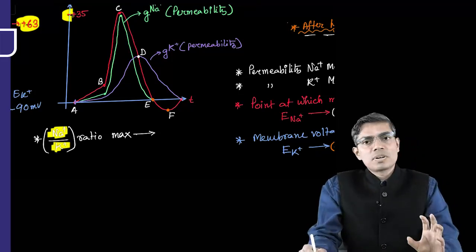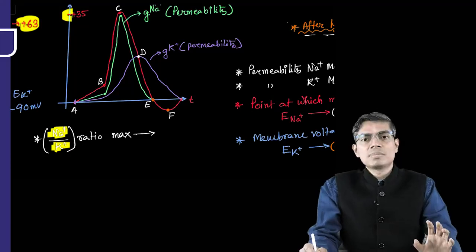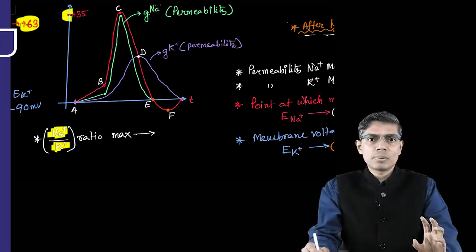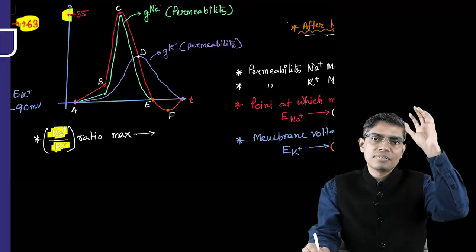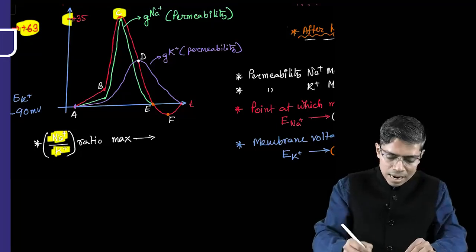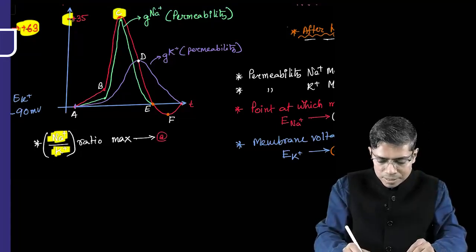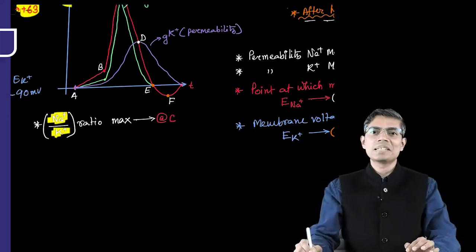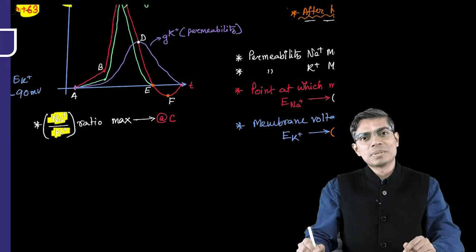For the maximum ratio, I have to find a point where the sodium channel numbers are very high compared to potassium, and again the answer is point number C. So for sodium everything points towards the peak, point number C.